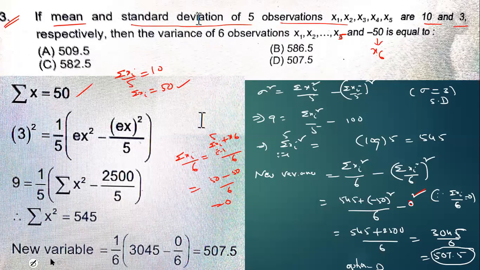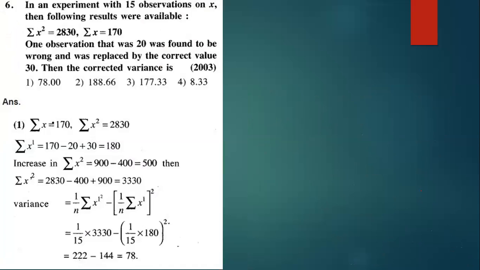Next question, see, a new one, question number 6. Sigma xi square is 2830 and sigma xi is given as 170. How many observations are there here?